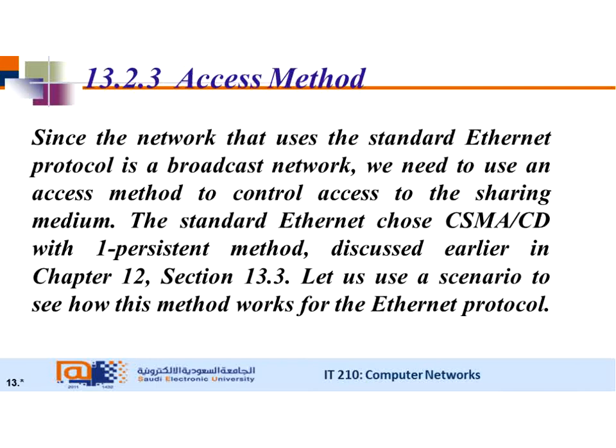The station senses the line, and if it finds that the line is idle, it will send the frame immediately with a probability of 1. So standard Ethernet uses CSMA-CD as access method with one persistent method.